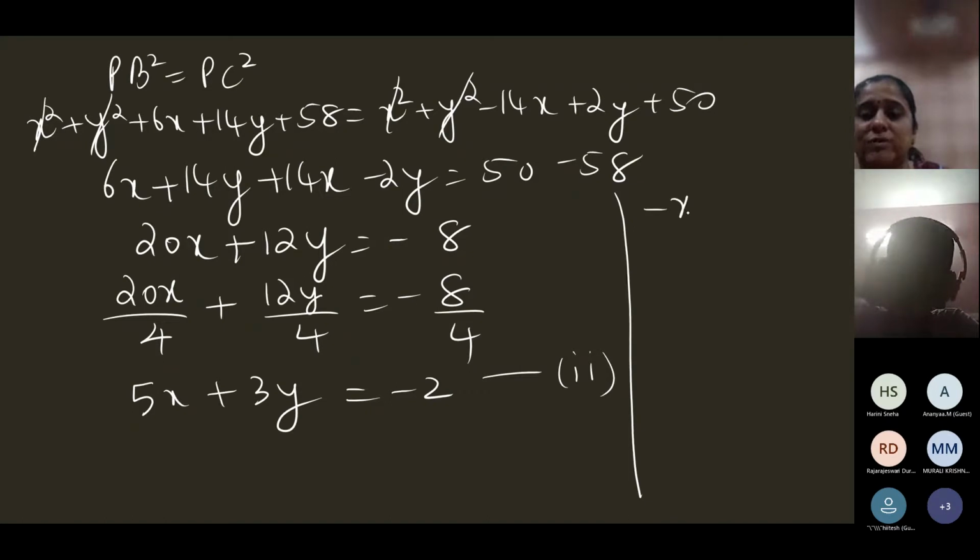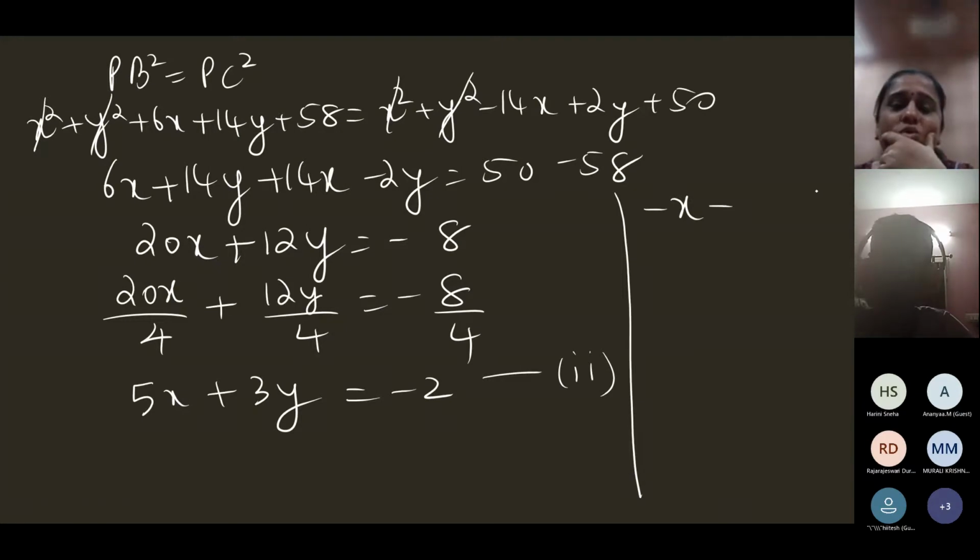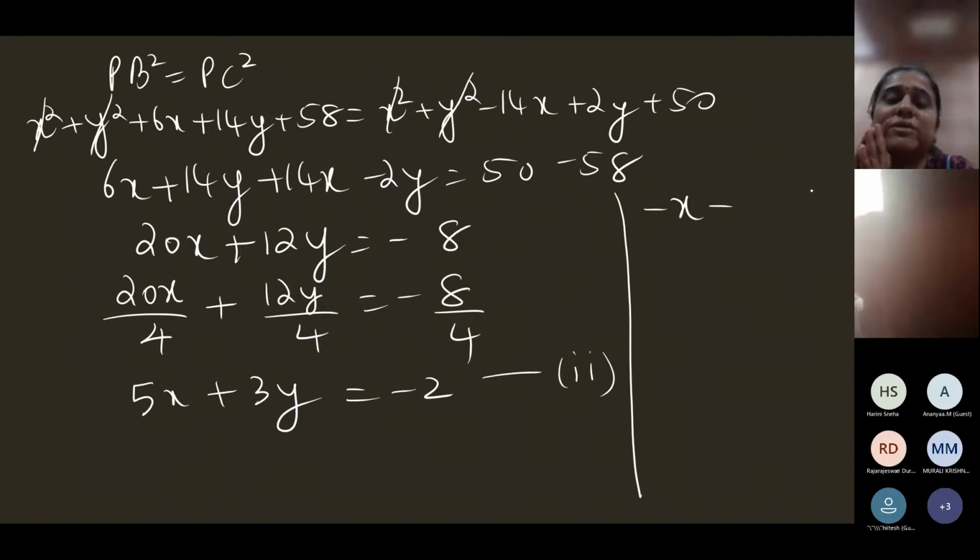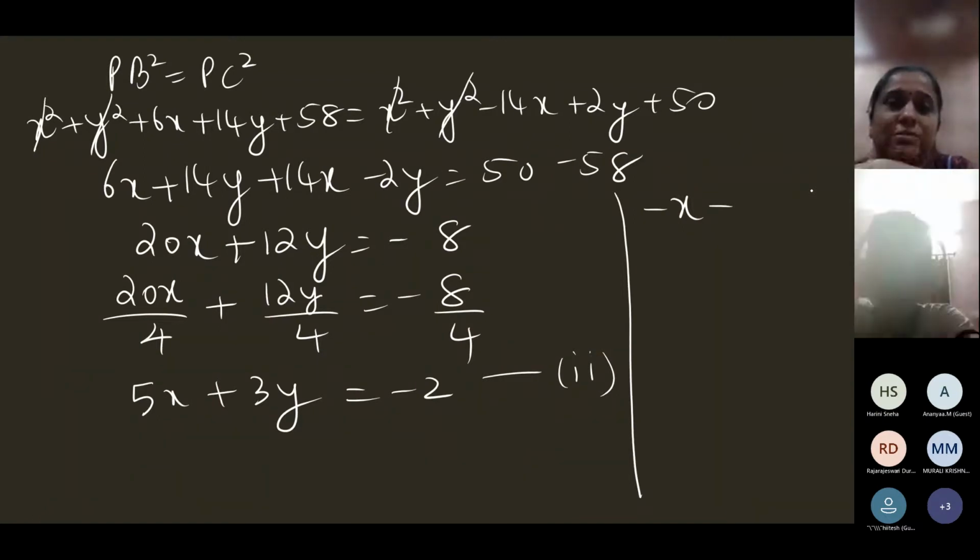The earlier equation was minus x minus y is equal to 2. Yes, ma'am. Okay, so minus x minus y is equal to 2. We'll multiply that equation by 5, the elimination method.